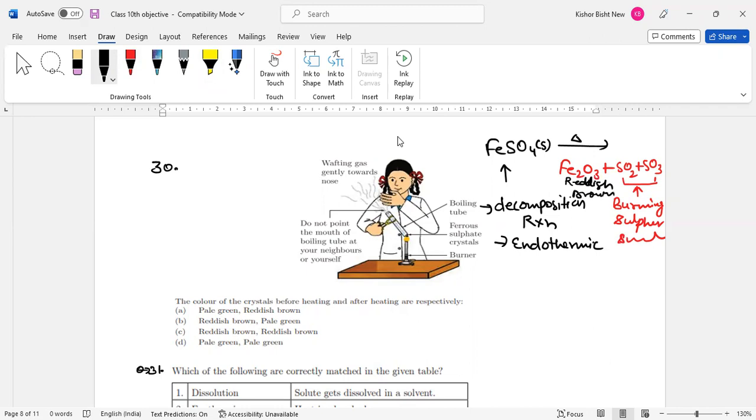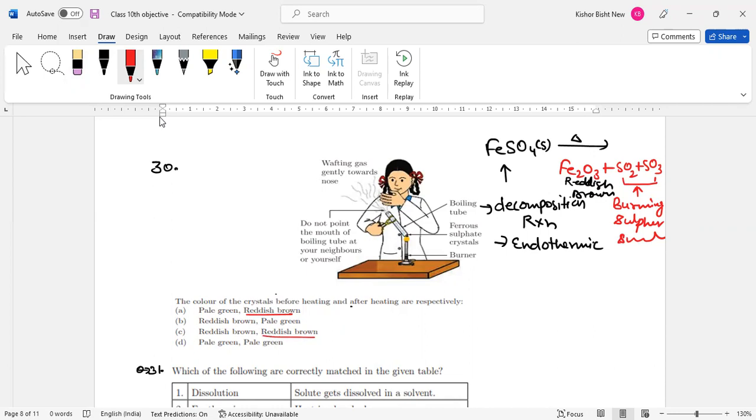Now come to the question: the color of the crystal before heating and after heating. The color only. After heating, if you remember, it is reddish brown. Clear? Is anyone reddish brown after the heating? Yes, reddish brown after the heating.